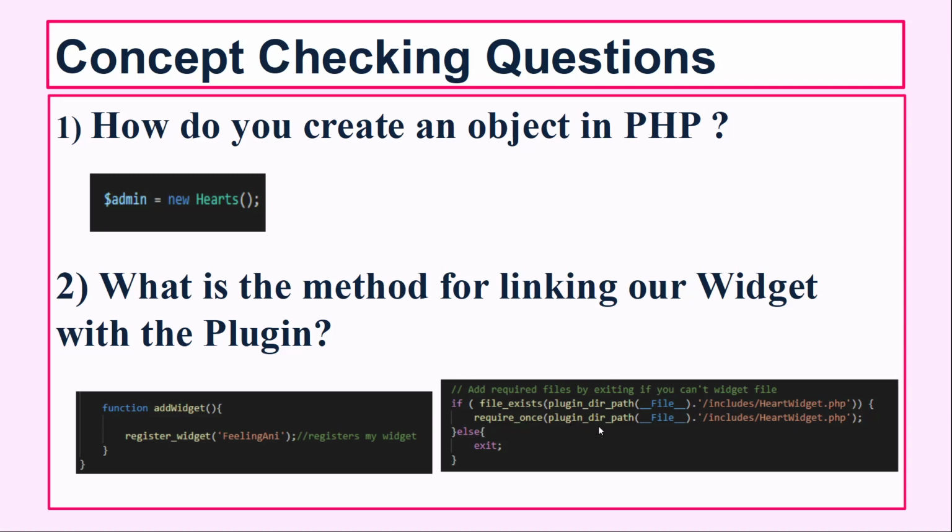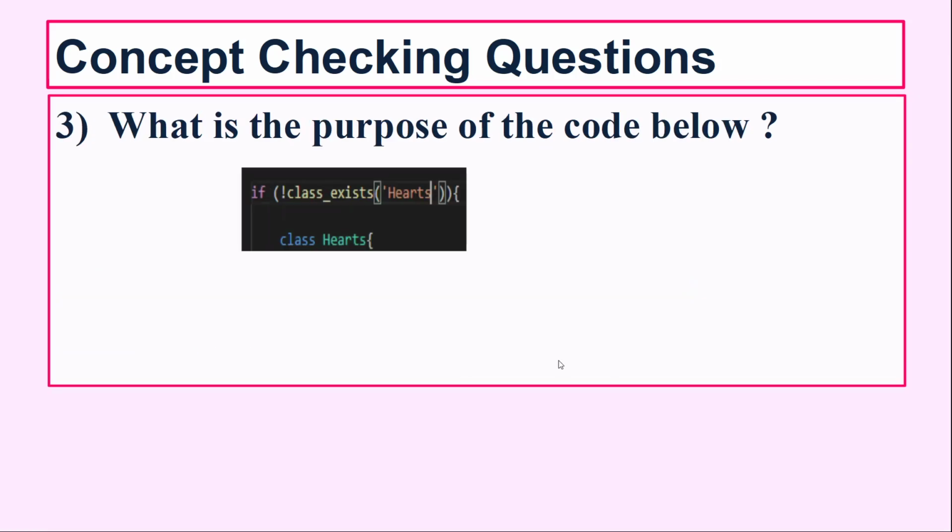Now this plugin directory path just allows WordPress to automatically fill out the rest of the path. So instead of us including the full path, WordPress will be able to find most of it, and then we can just add the last bit that we want. What is the purpose of the code below?